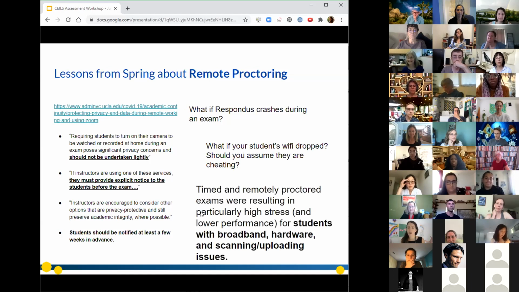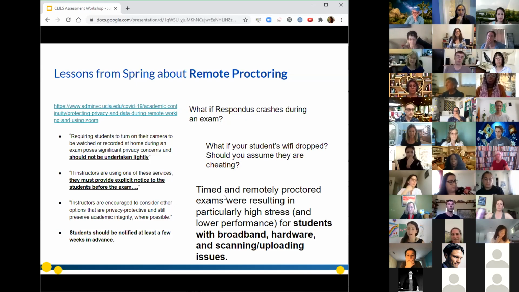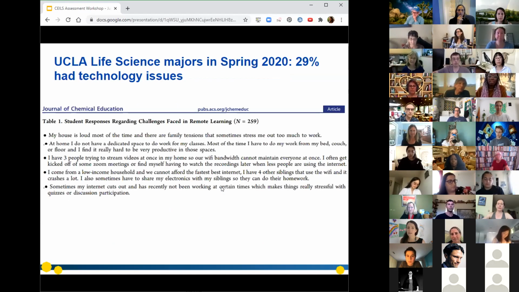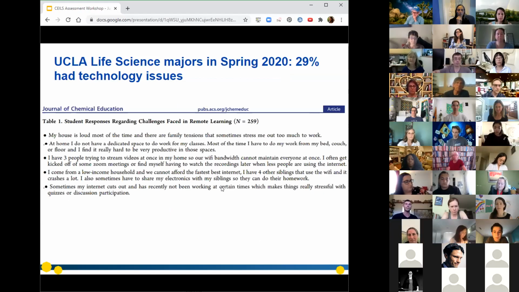All of that coming together made us realize that timed and remotely proctored exams were resulting in particularly high stress, and to think about who they're stressing in particular, right? They're the students with broadband, hardware, and scanning and uploading issues. Somebody did a study on UCLA life science majors in spring 2020, and they found that 29% of them had technology issues or concerns.